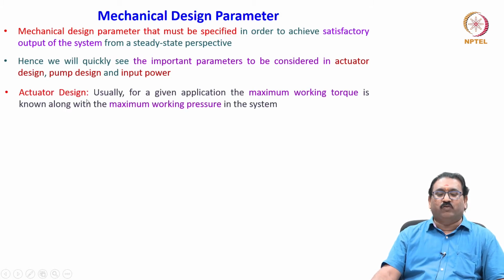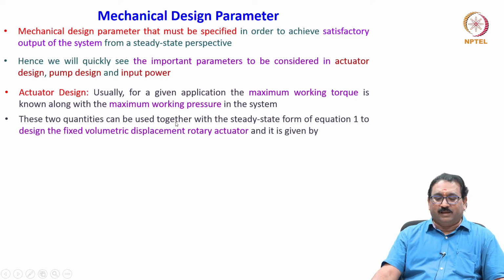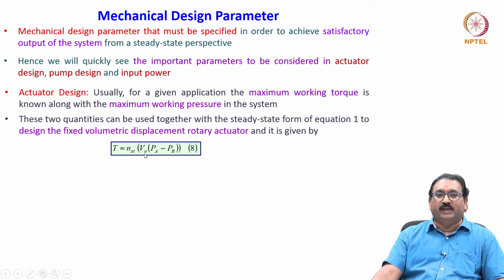Actuator design. Usually, for a given application, the maximum working torque is known along with the maximum working pressure of the system. These two quantities can be used together with the steady state form of equation 1 to design the fixed volumetric displacement rotary actuator, and it is given by T equal to nu AT into VA into PA minus PB.